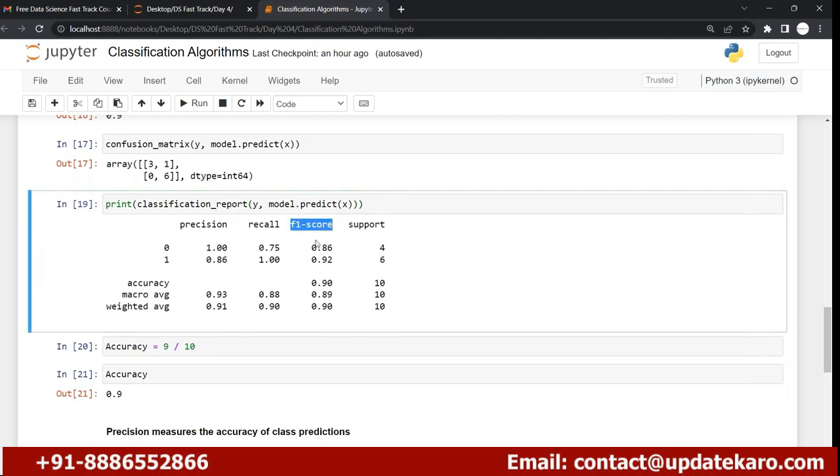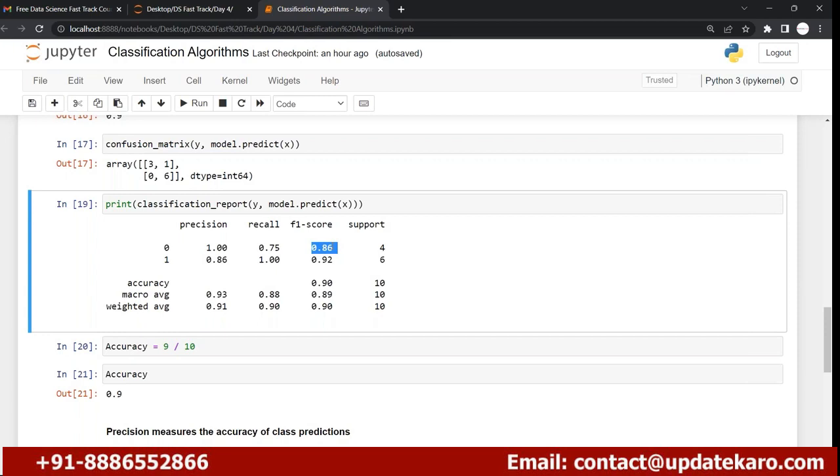Now what is the F1 score? Simply, the F1 score will tell you how well your model is able to make correct predictions about class 0. If your F1 score is 0.86, it means your model is strong enough. If your F1 score tends to 1, you can say your model is strong.